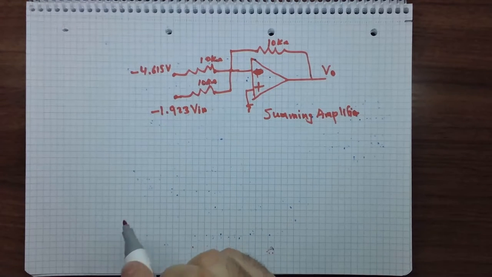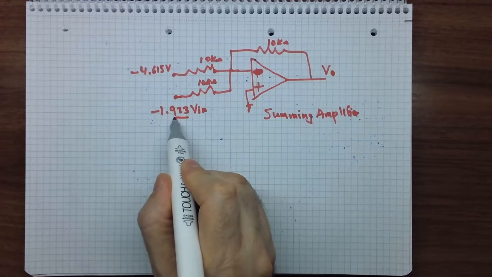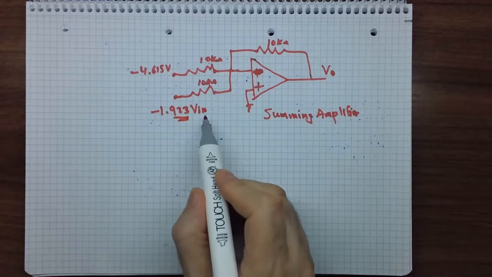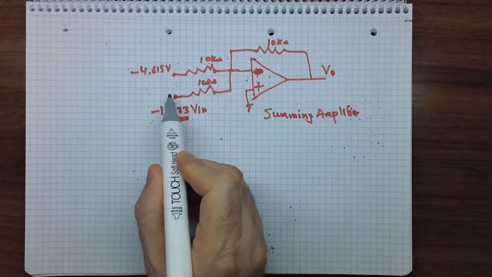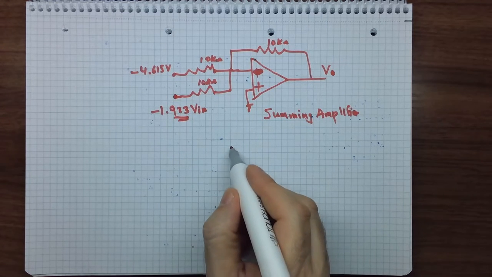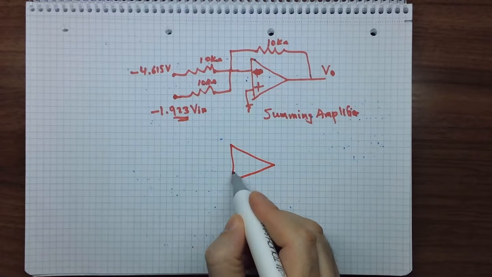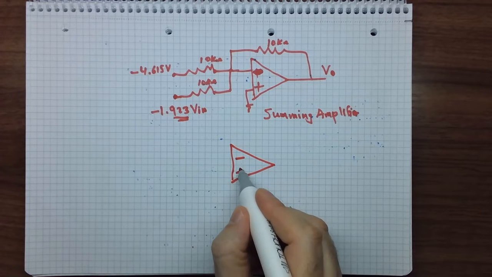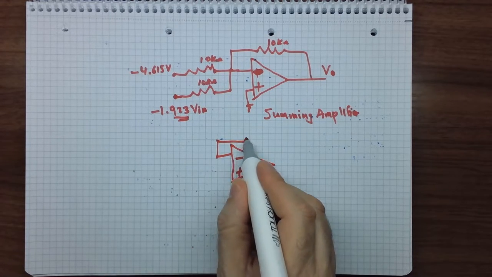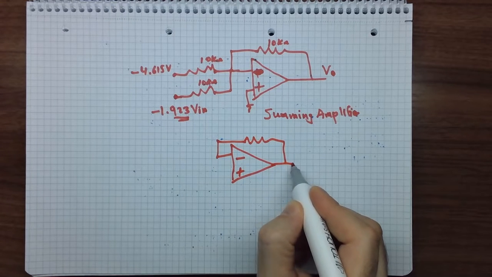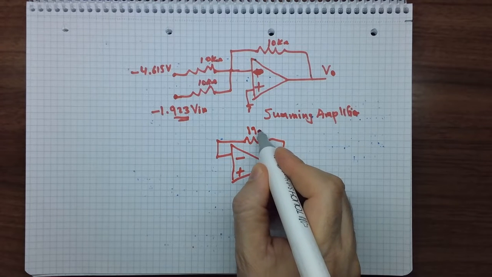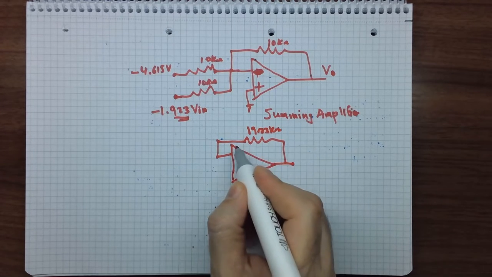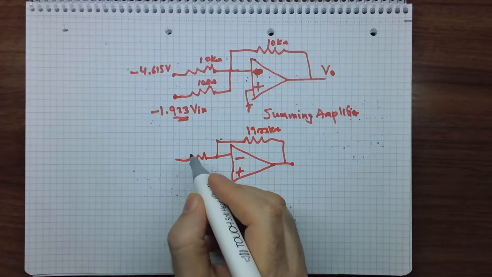Okay, so how can we get this minus 1.923 Vin? We can connect this terminal to another amplifier like this. This is minus, this is plus. We can choose this to be 19.23 kilo ohm, for example, and this is 10 kilo ohm.